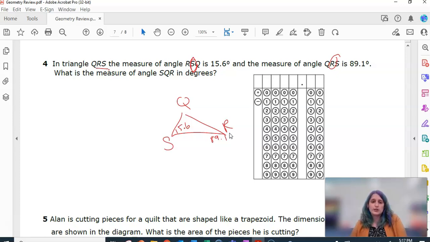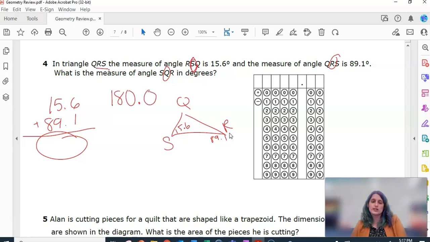And then we want to know what angle Q is. So, first step, add the two angles that you do know. Your second step is going to be to subtract this answer from 180 degrees. Since we're looking at decimals, I'm going to just call it 180.0 degrees so that you can line up your decimals. Subtract what that answer was, and then that will give you your final answer.